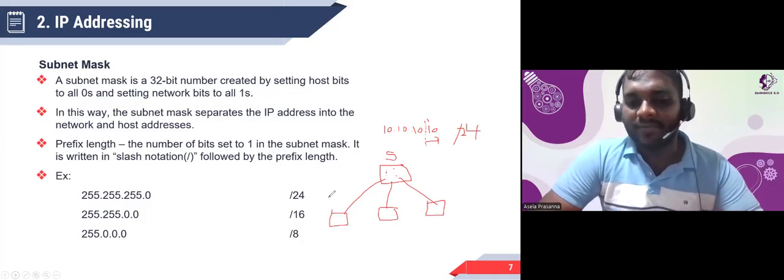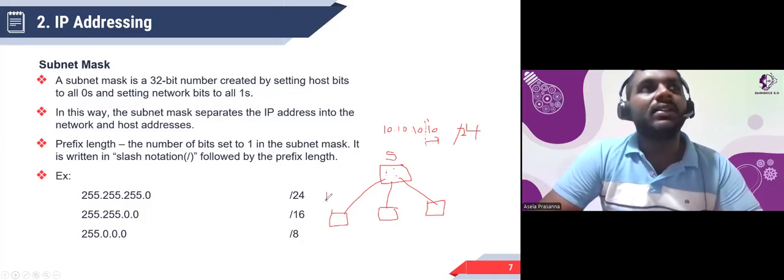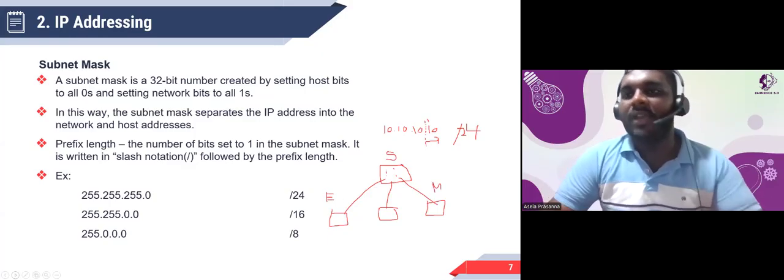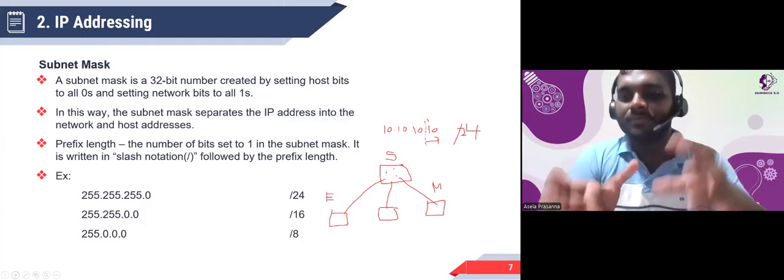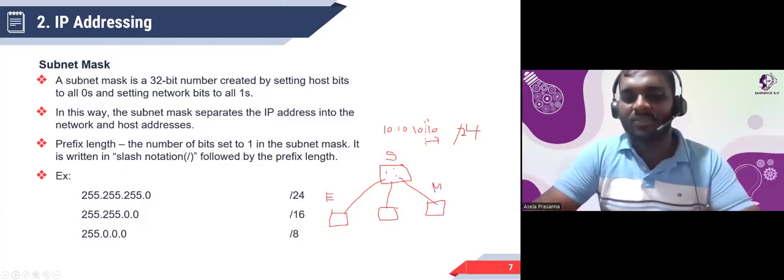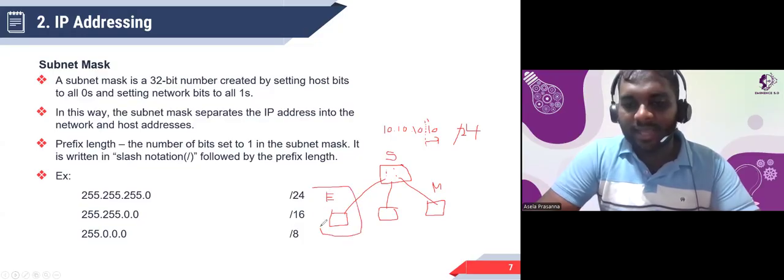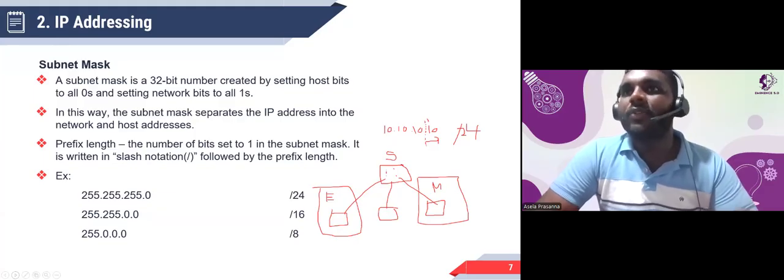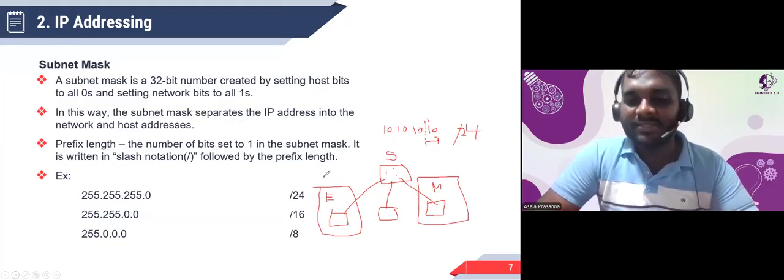Say this is for engineering students, and this is for medical students. I want a division of this communication, so engineering students and medicine students cannot communicate with each other, but they are connected to the same switch. For things like that, we use this concept of subnets.